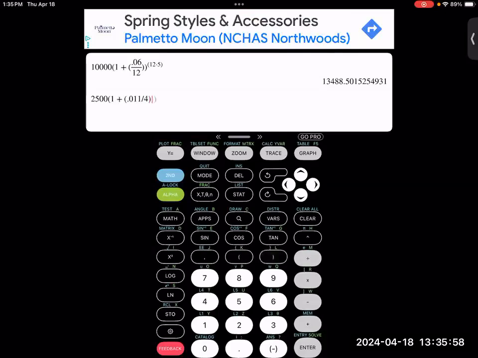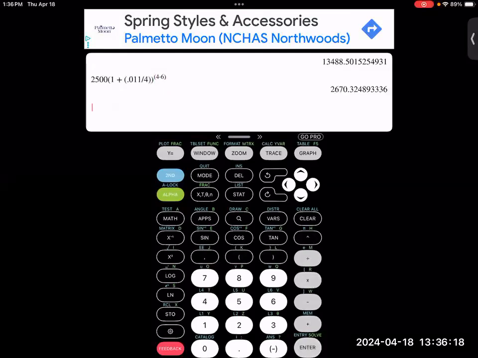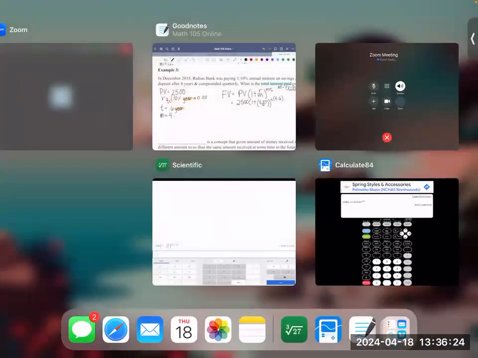But I'm just showing you that it'll come out no matter what. Close that little parentheses doing the division, and then close out the bigger of the 2 parentheses, raise to the 4 times 6, I believe we have. And there we get $2,670.32.